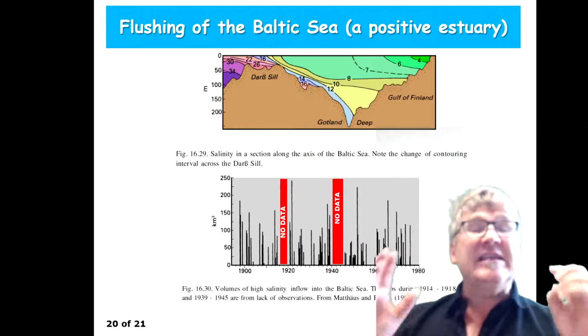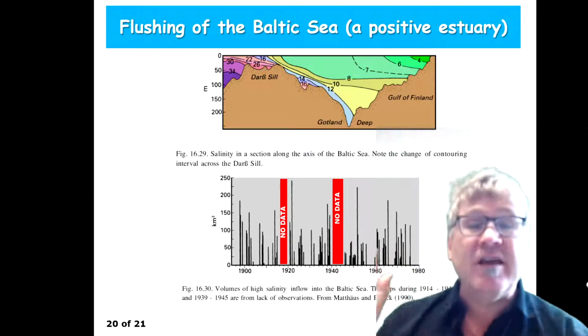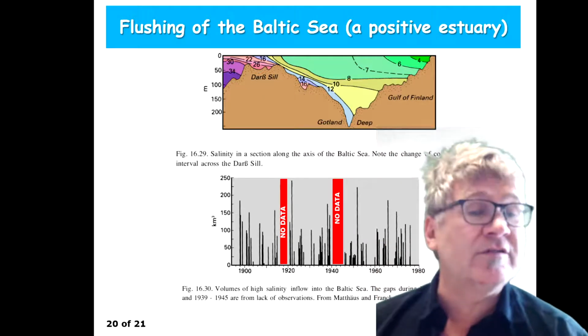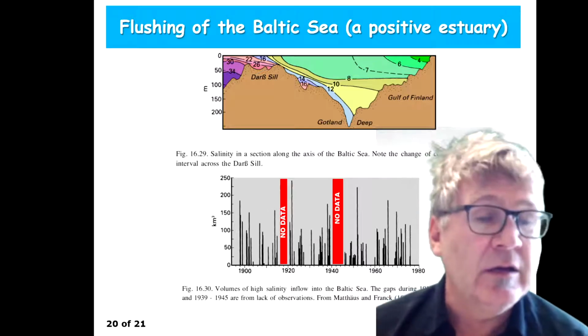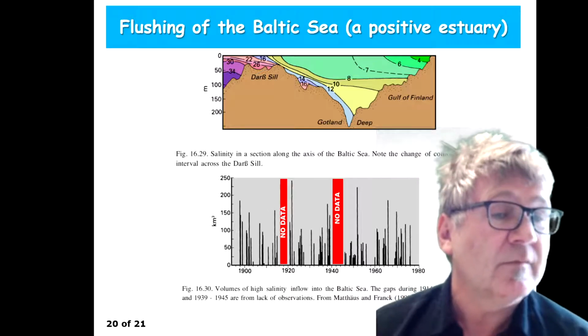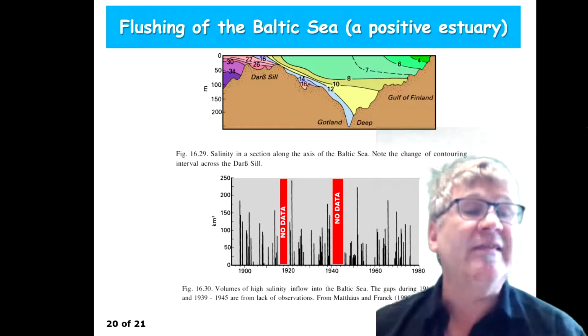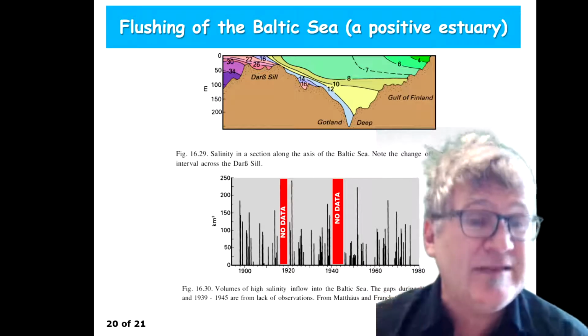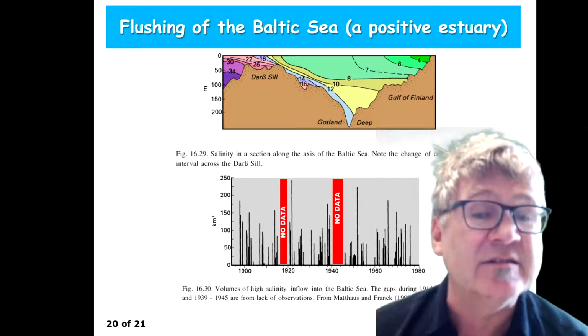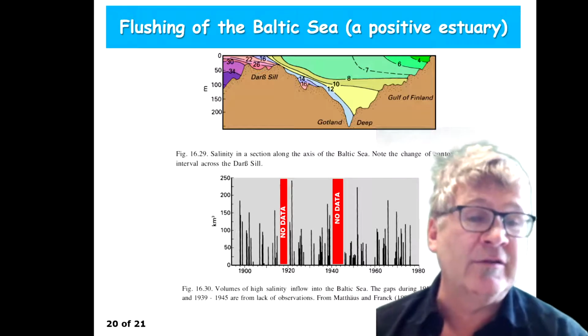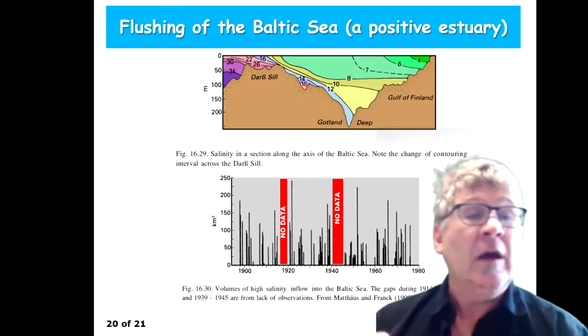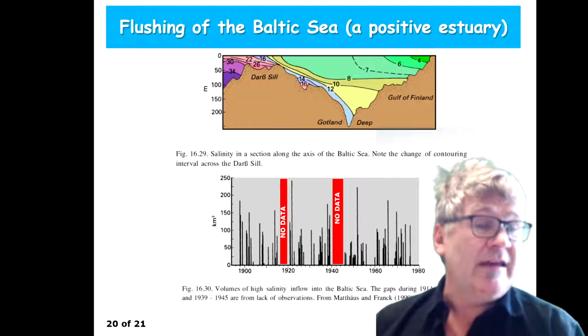And it's this inflow that actually brings oxygen, dissolved oxygen, into these deeper regions. This ventilates the deeper basins, which are only 200, 300 meters deep here. Anyway, this ventilates the areas.